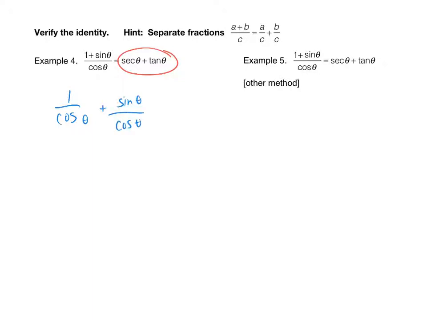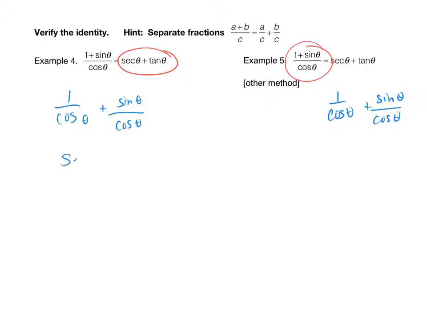I could also have done this the other way and set this is what I was going to find, and then I know that secant of theta is 1 over cosine theta, and tangent is sine theta over cosine theta. So I have just written identical statements, and so I know that they are true. But I'm going to go back the other way.